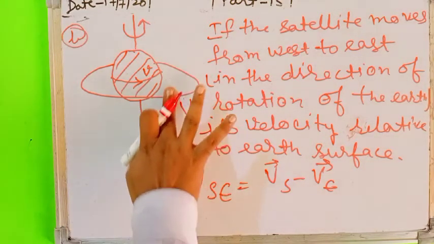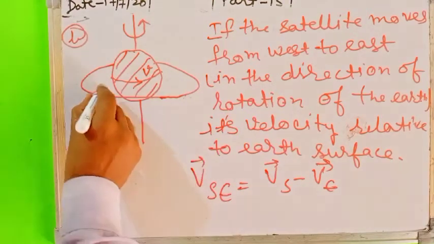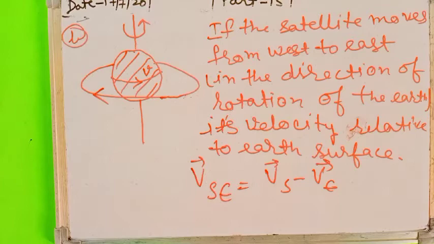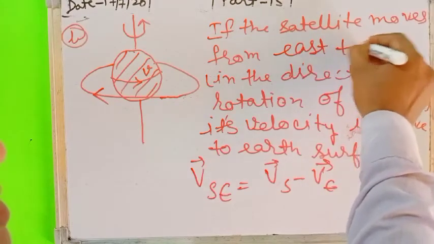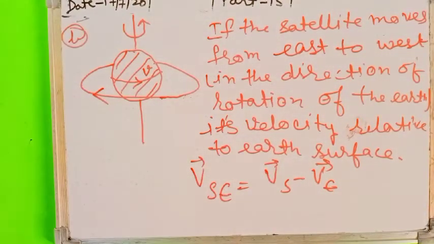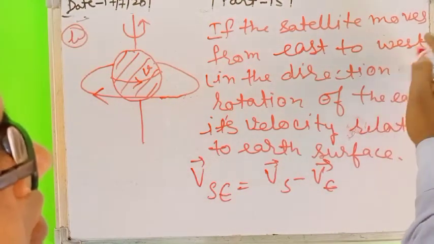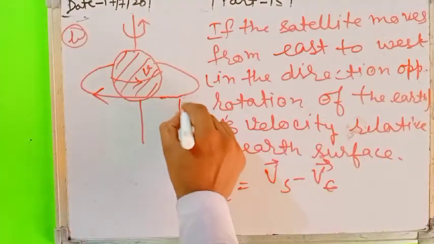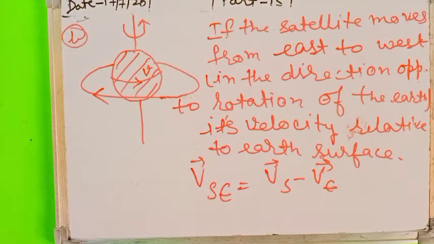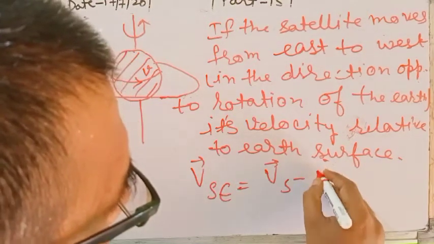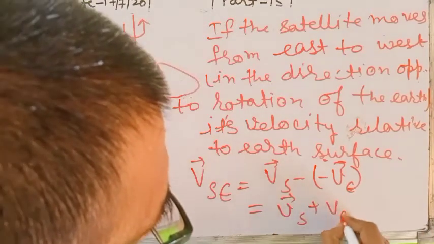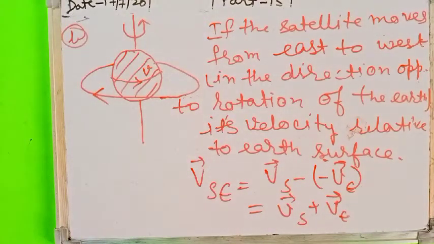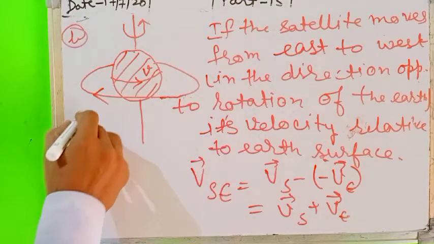And if this velocity is in the opposite direction, meaning if the satellite moves from east to west, in the direction opposite to the rotation of the Earth, its velocity with respect to Earth is Vs minus (minus VE), which is equal to Vs plus VE. This is the velocity of the satellite.